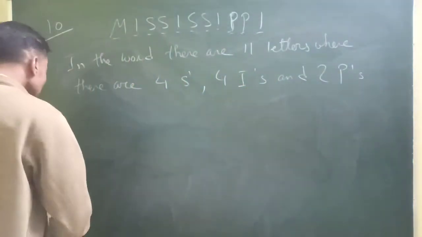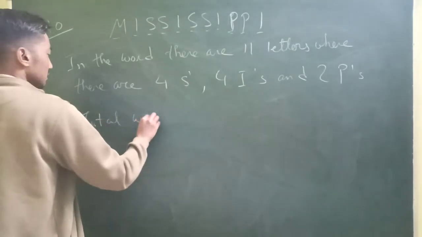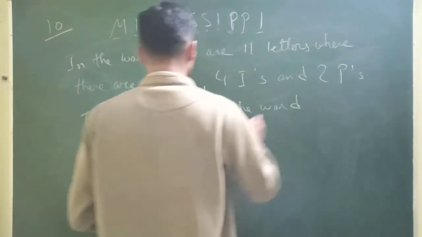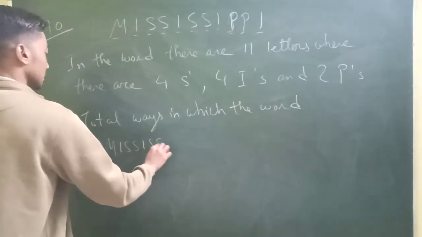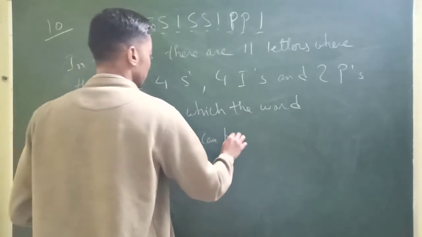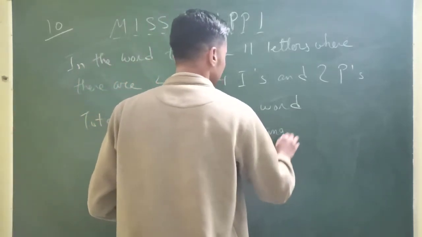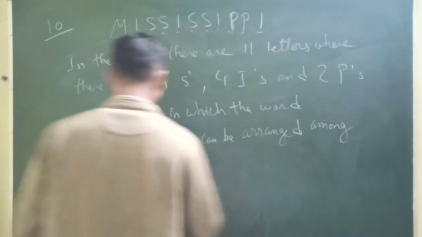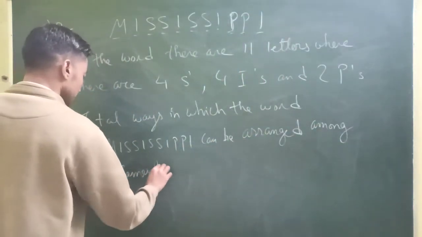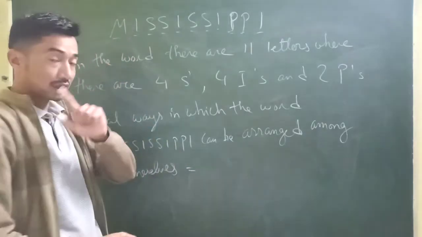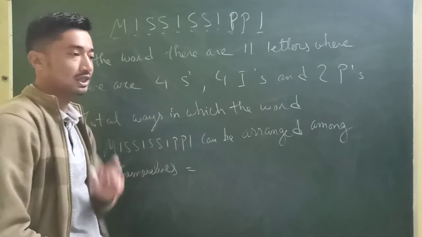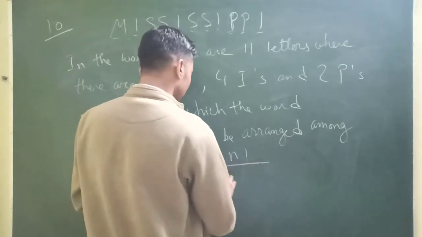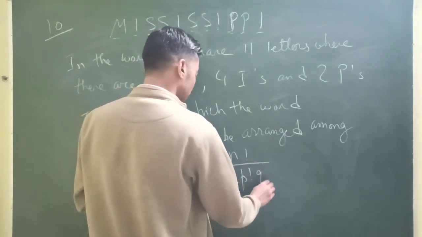Look here. Total ways in which the word Mississippi can be arranged among themselves will be equal to, using that previous formula, the total number of ways in which letters can be arranged with or without meaning when there are repetitions: n factorial by m factorial, p factorial, q factorial.